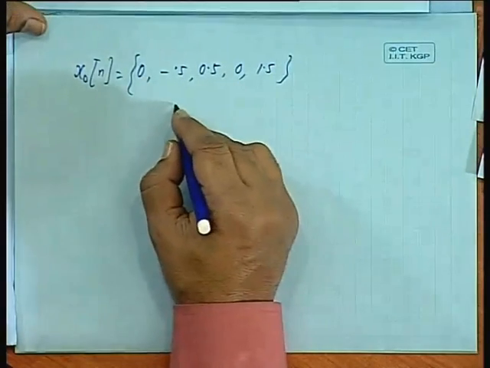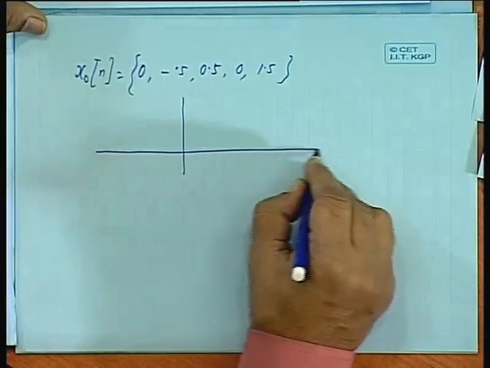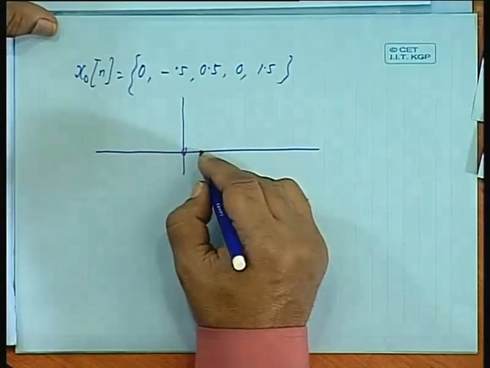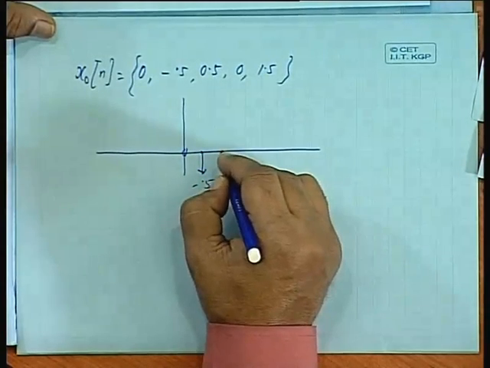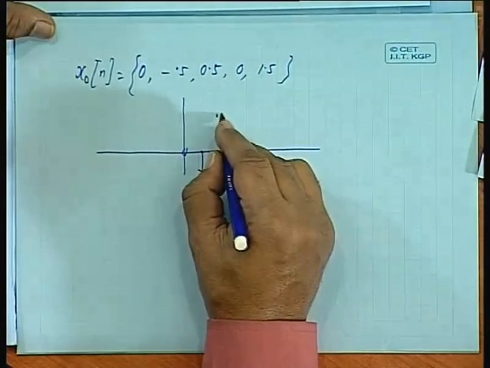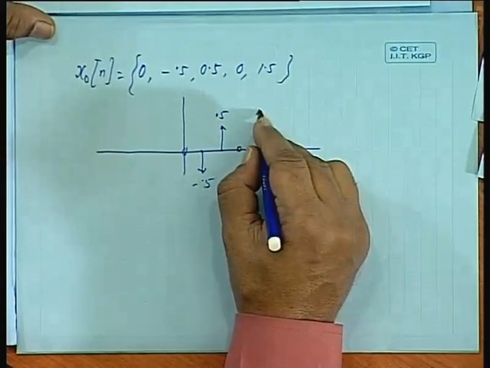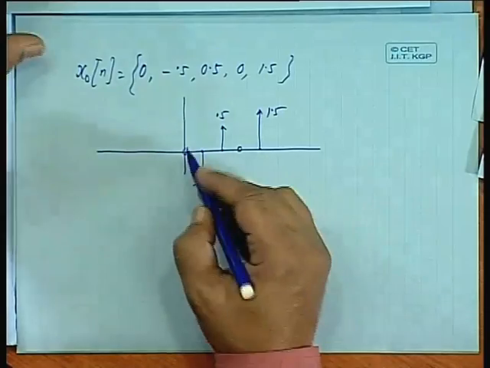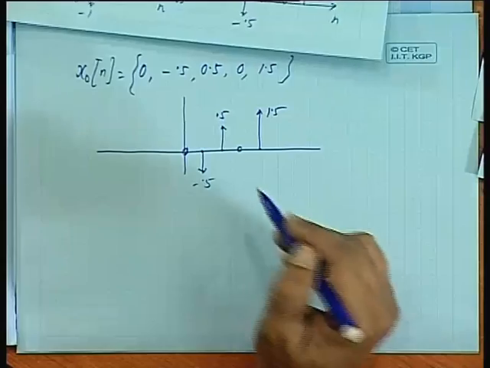So the odd sequence will be 0, minus 0.5, plus 0.5, 0 and 1.5. See, except for the first value, others are the same.